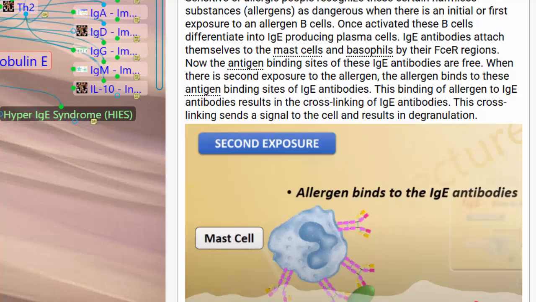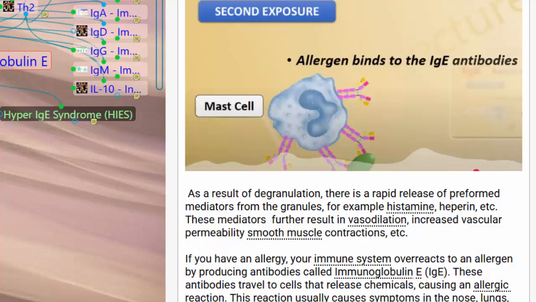So it's through the second exposure. A result of the degranulation is there's a rapid release of preformed mediators from the granules, for example, histamine, heparin, etc. And these mediators further result in vasodilation, increased vascular permeability, smooth muscle contractions, etc.